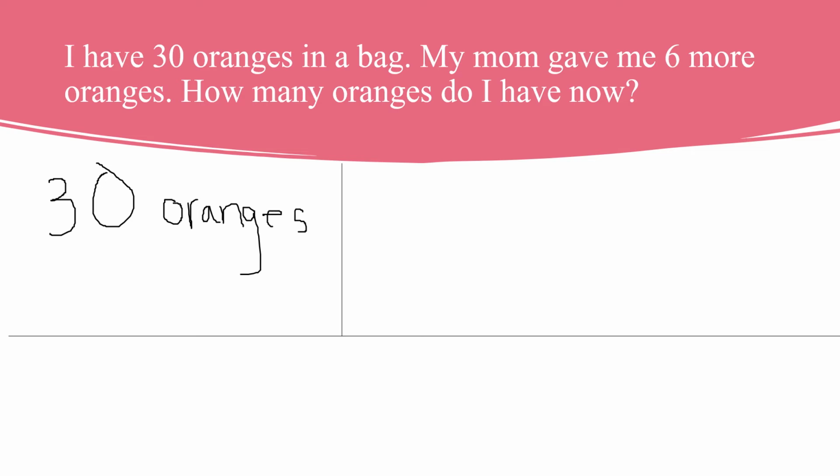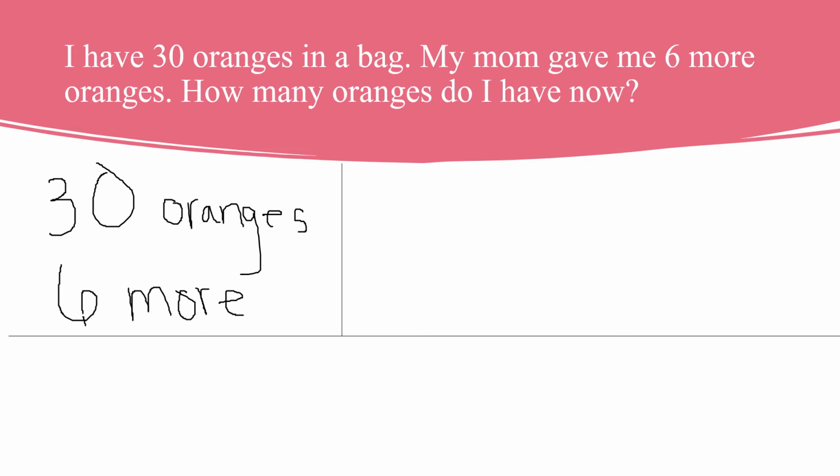My mom gave me 6 more oranges. So I'm gonna put 6 more. And I'm putting more so I will know that I got more. Now, how many oranges do I have now?